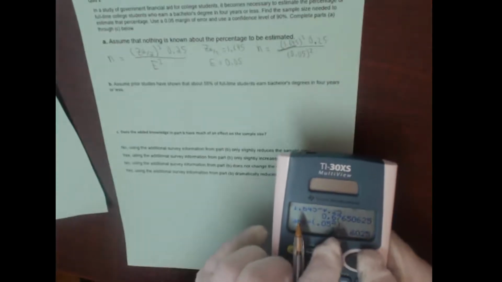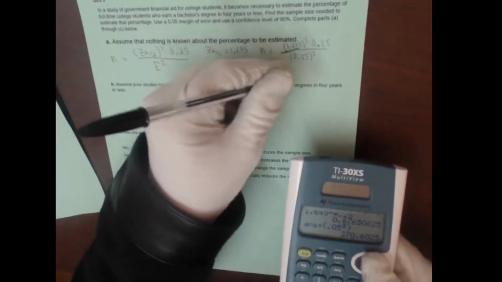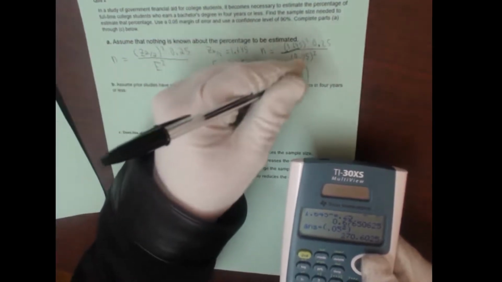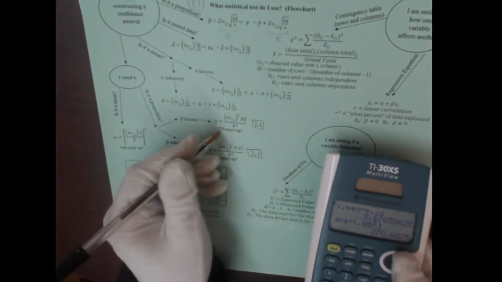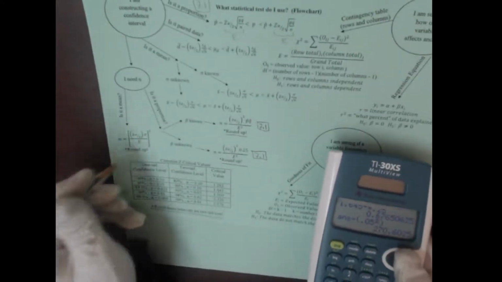So even if this was 270.1, we would still round up to 271 because we need to be overly careful. You'll notice that in the cheat sheet, I even mention always round up. So that way we're extra cautious. We definitely will get that margin of error that we want.